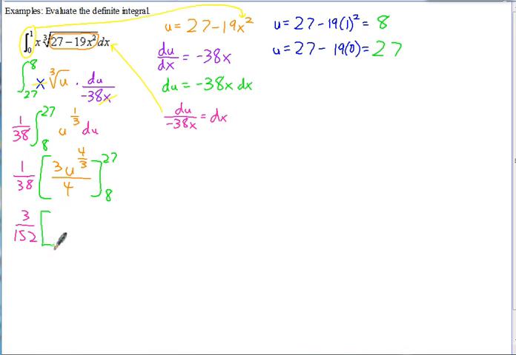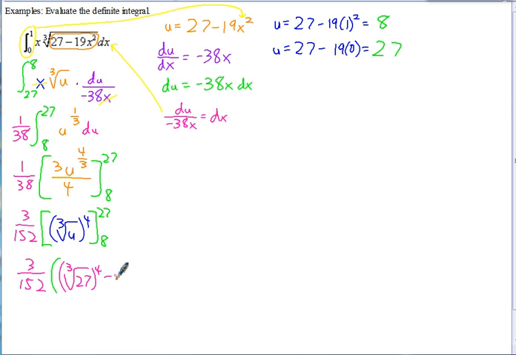And then to make it easier to evaluate, we can rewrite this u to the 4/3 in radical form. It is the same as the cube root of u to the 4th. So now we've got 3 over 152. And then we can substitute in the upper limit first. So that becomes the cube root of 27 to the 4th.